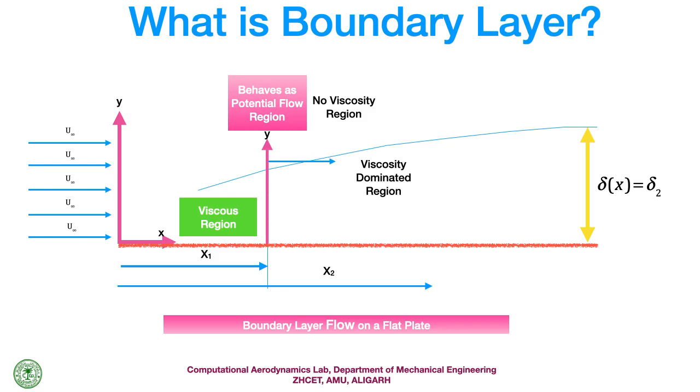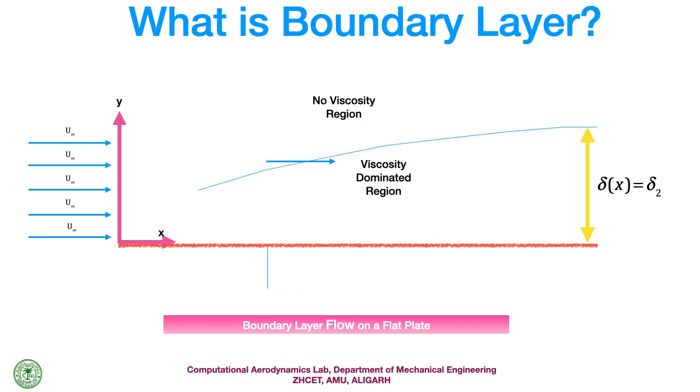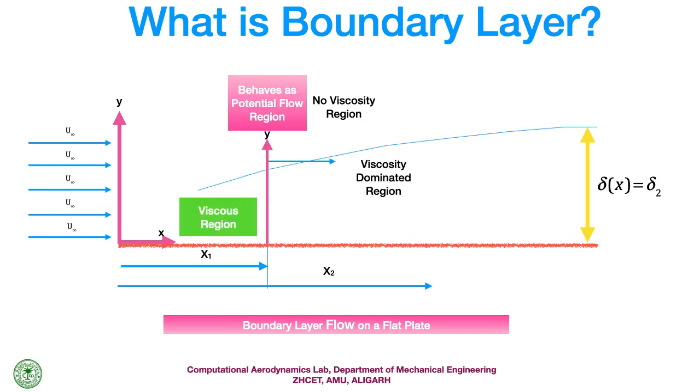Now, I know for sure that at the surface, because of the no slip boundary condition, the velocity at the surface of the flat plate is zero.